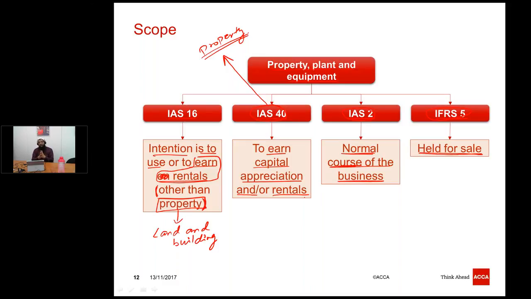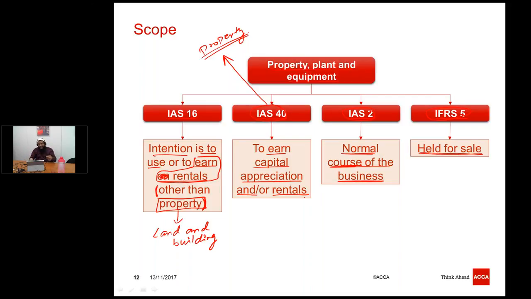Similarly, if I have a property, which means land or building, and I don't know why I have kept it. I may use it, or I may give it to someone on rent, or I may keep it for capital appreciation. My intention is not defined. I'm not even sure myself about what is the use of the property.